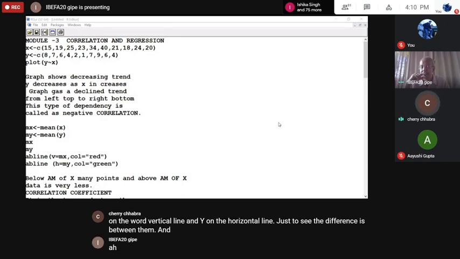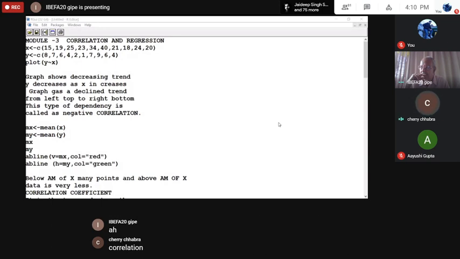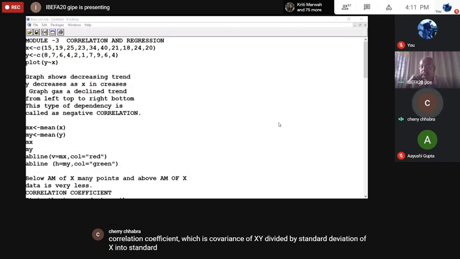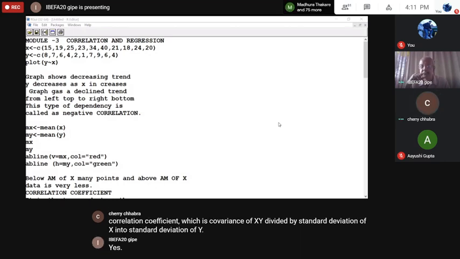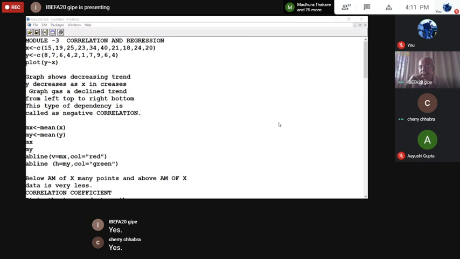And then we went to the formula of correlation coefficient, which is covariance of xy divided by standard deviation of x into standard deviation of y. Further, we tried to put this correlation coefficient line on the data that we had.